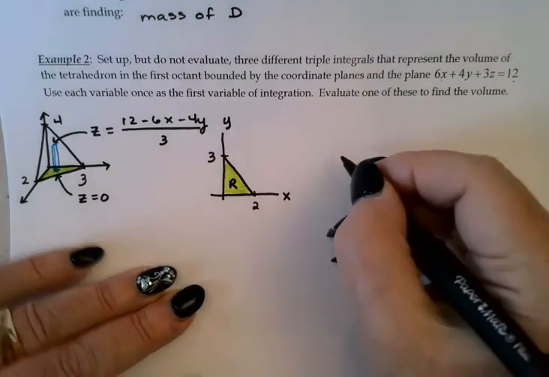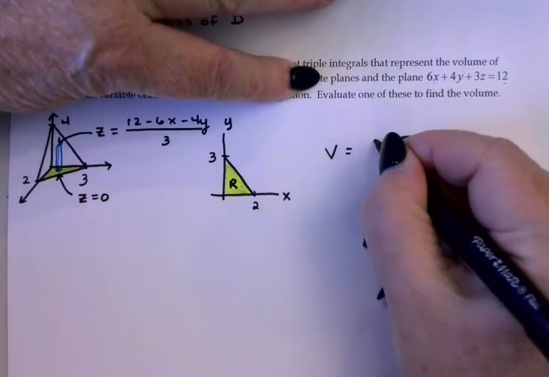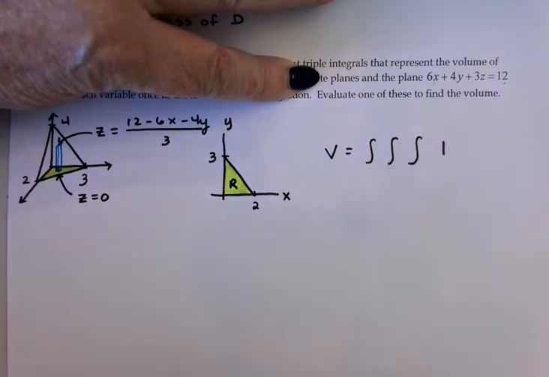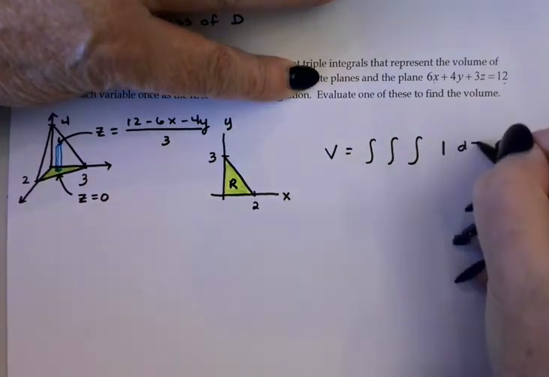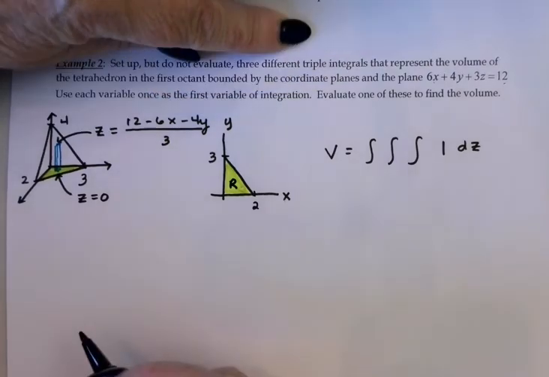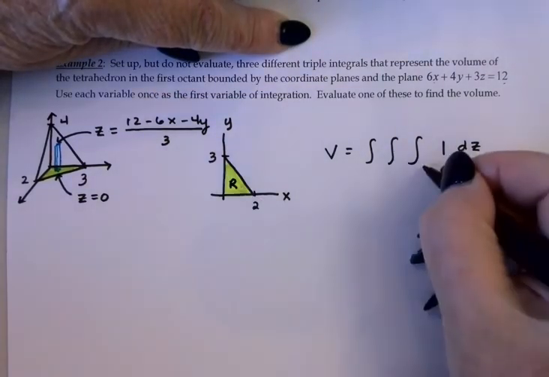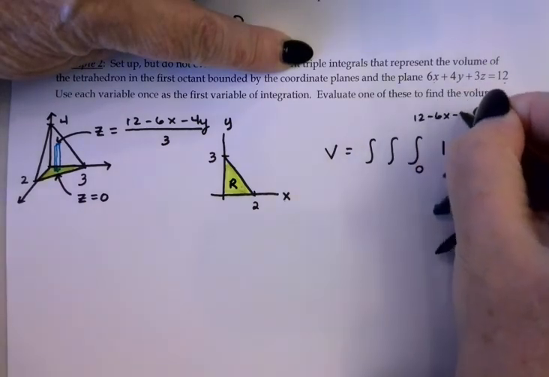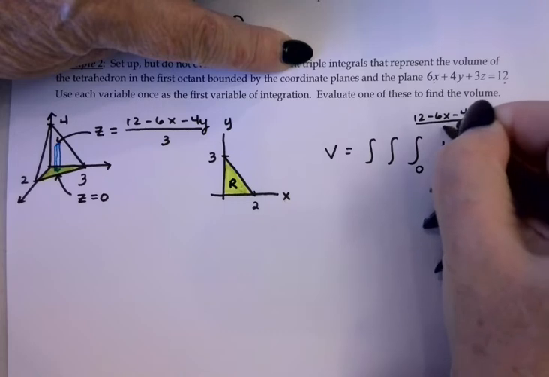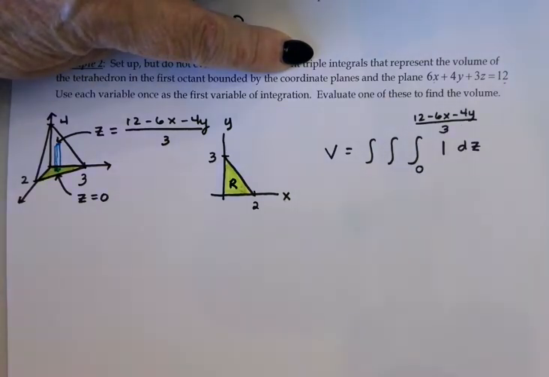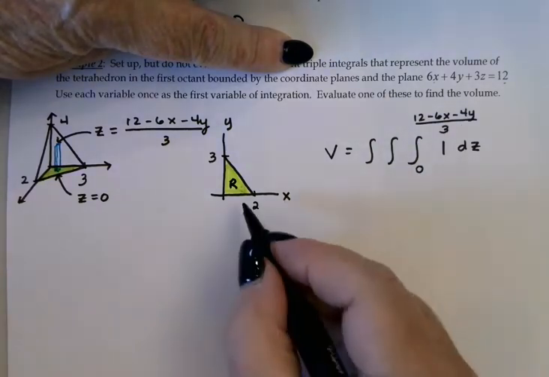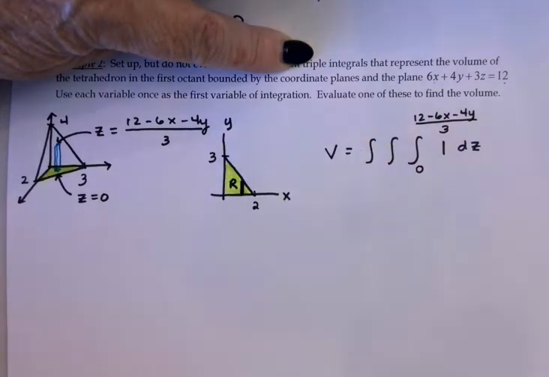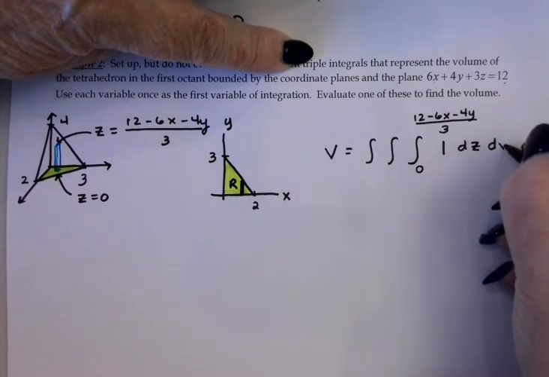All right, our volume could then be written as the triple integral of the function 1. We're choosing to do dz first, and our z values from bottom to top go from 0 to (12 minus 6x minus 4y) over 3. Thinking about the region R, I'm going to think vertical rectangles here, which would mean I'd be doing dy next.